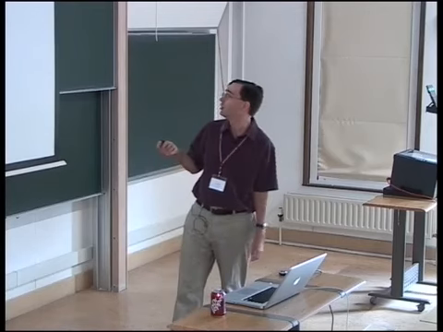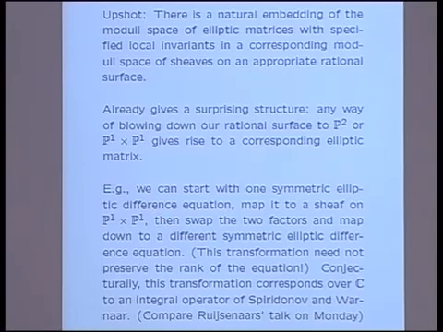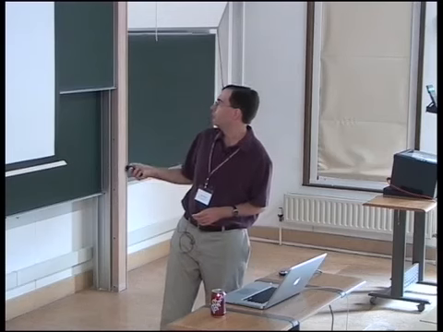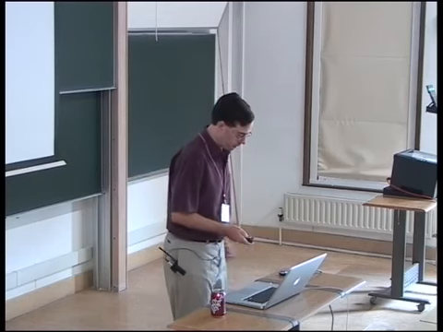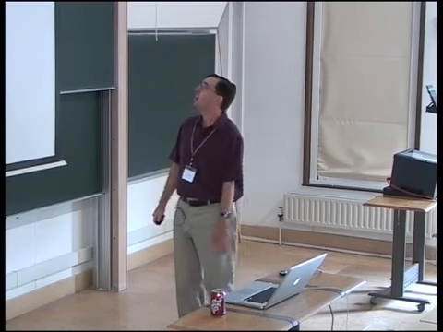So for instance here, if you start blowing things up and looking at moving around in the space of different maps to P1 cross P1, you find that this transformation satisfies certain braid relations and things like that that are completely obvious in terms of rational surfaces and completely mystifying in terms of algebraic manipulations with the integral operator. Okay.